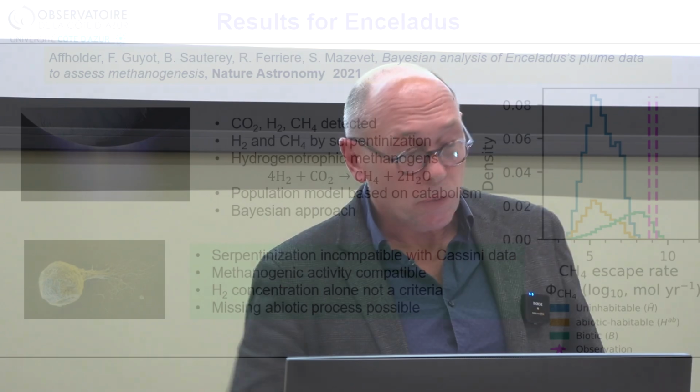We do that in a Bayesian analysis. So what we do is we run the planetary model with serpentinization, all the uncertainties, and we fold that into a Bayesian model. We are maybe not completely sure about the serpentinization rate, so we make a range of conditions. Same thing for the biology.